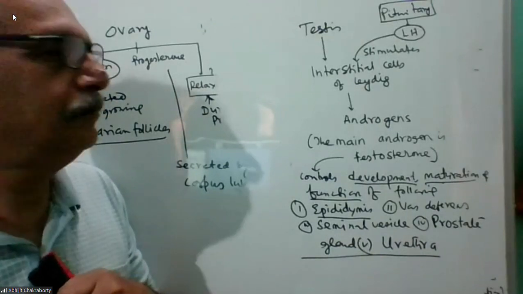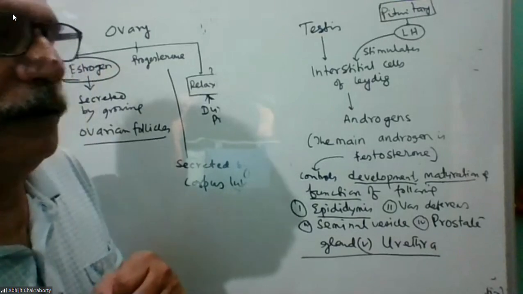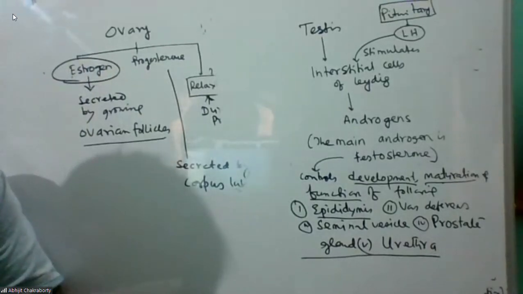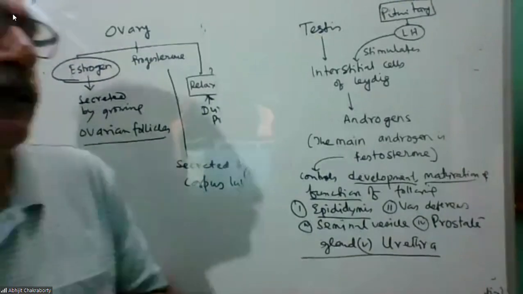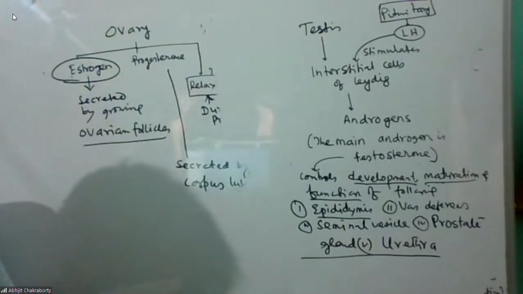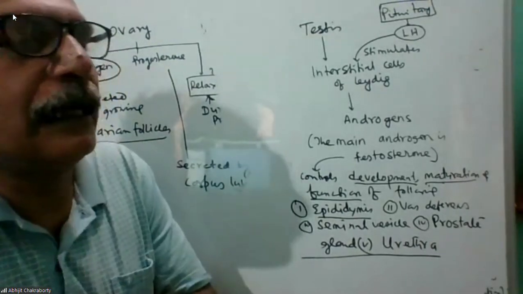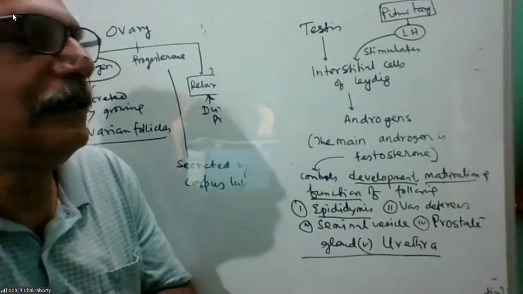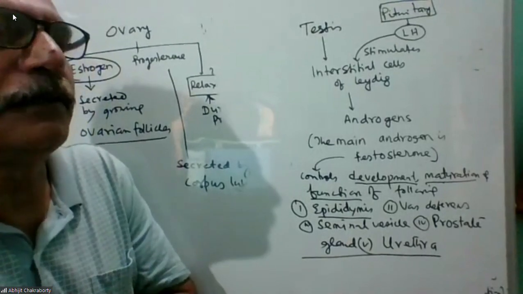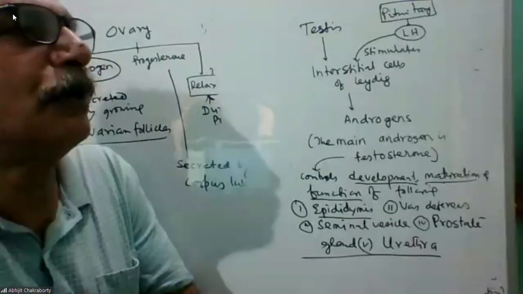So what is called anabolic steroid? Remember, anabolism means synthesis. Testosterone helps in the synthesis of protein, synthesis of carbohydrate, and in this way increases the efficiency of the organism. That's why anabolic effect means it helps in synthesis of more and more carbohydrate and protein.